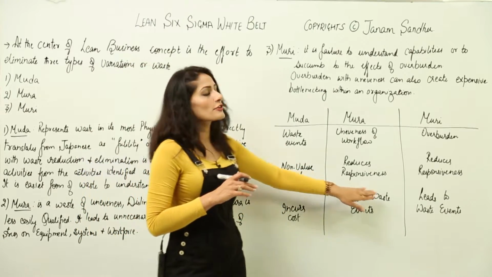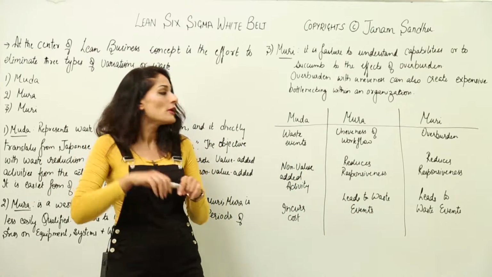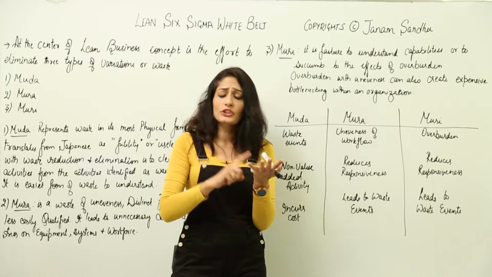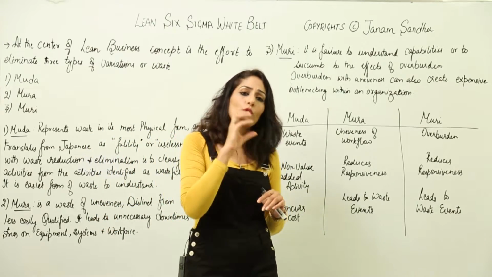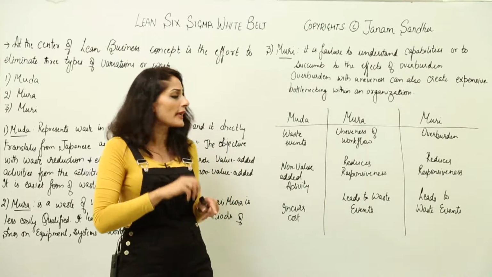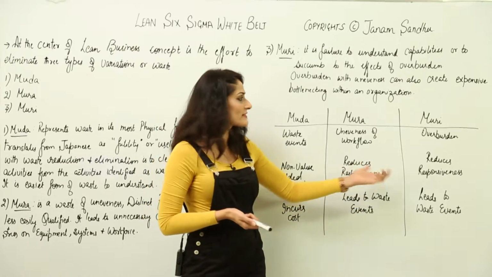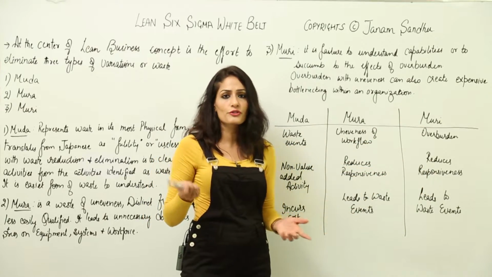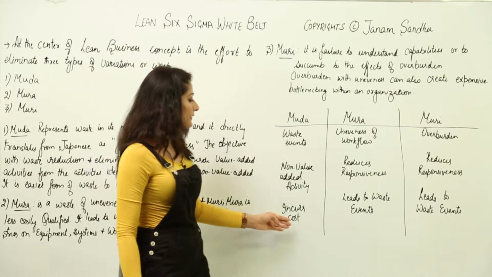Muri reduces responsiveness. Basically what will happen if you are not using your machinery, your manpower, anything according to its capacity, or how much work they can do, how much load they can take, it will reduce the responsiveness, and similarly Mura also reduces responsiveness. And when we talk about Muda, it incurs cost.